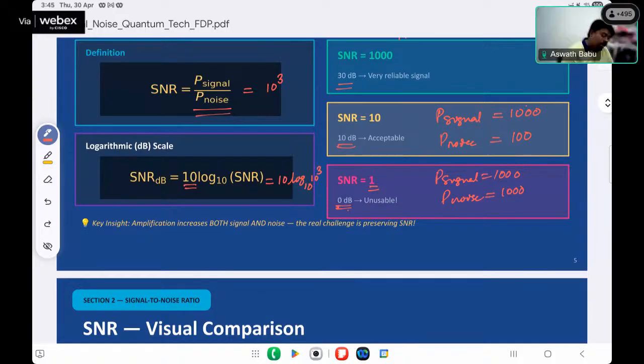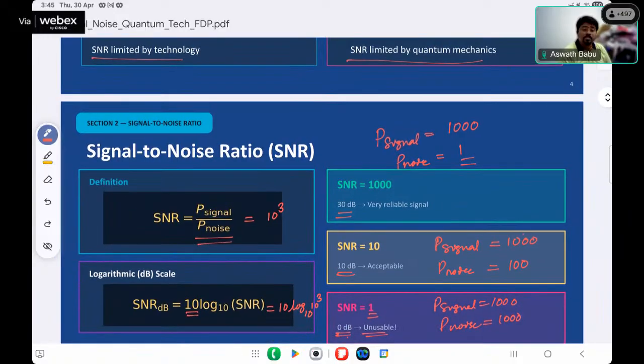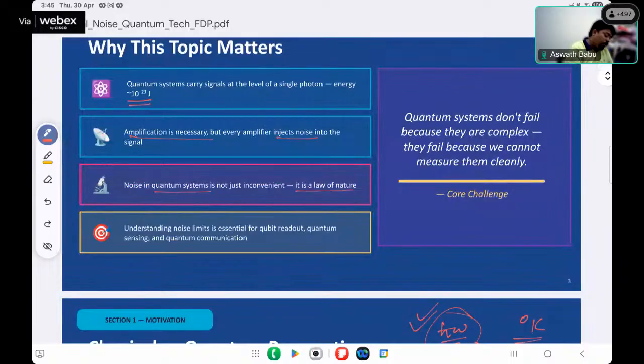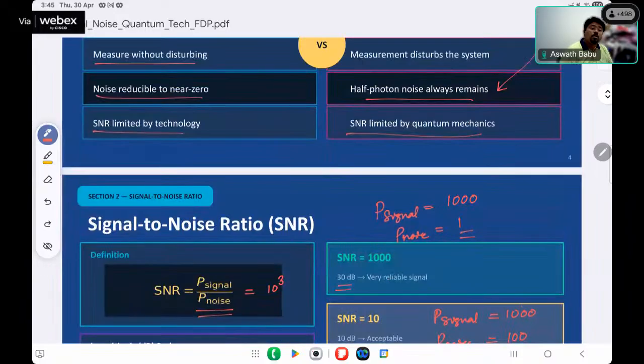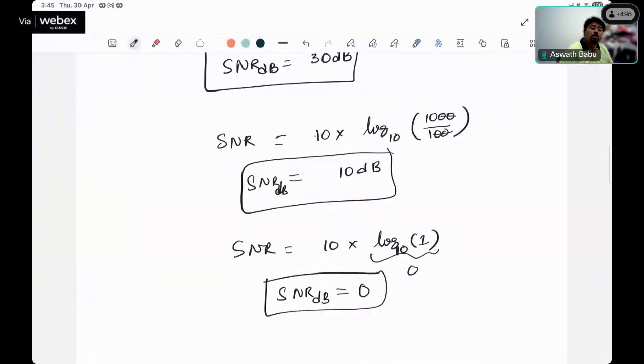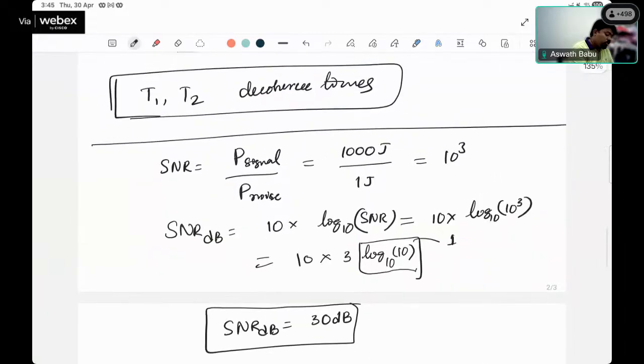Please remember, such cases are unusable, not at all reliable for any process, signal processing or anything, even in classical communication, which may differ in the case of quantum, because the signal strength, like I showed you last time, is about 10 to the power of minus 23 joules. I just expressed the energy in my PPT here in terms of joules, but power is a part of signal power. Energy is a part of the power, so you have to modify that.